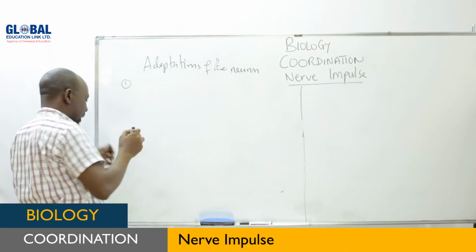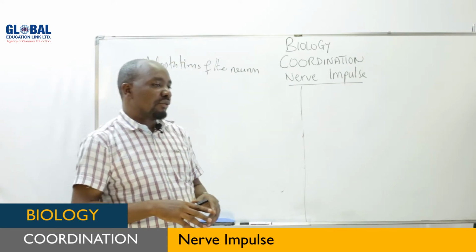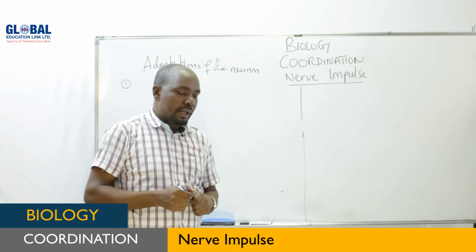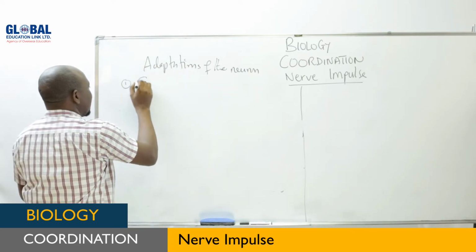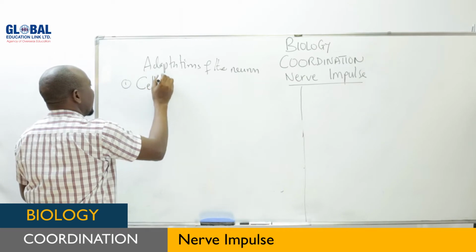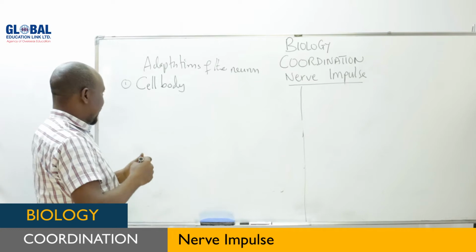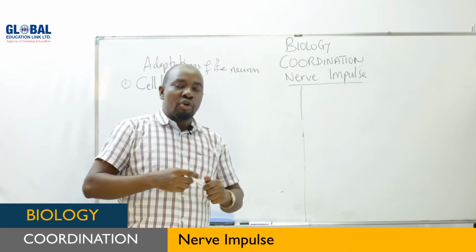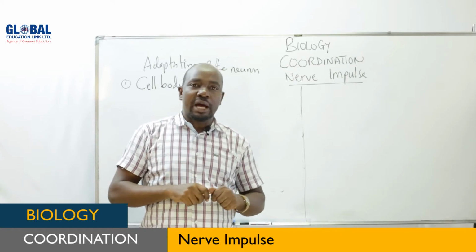The first adaptation: the neuron is like other body cells. They contain a nucleus within the cell body. The cell body is the part of the neuron where the nucleus and the other cell organelles are found.